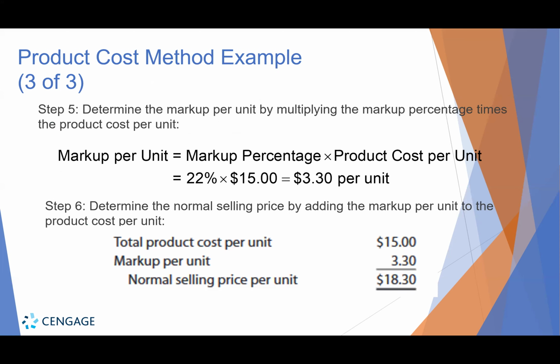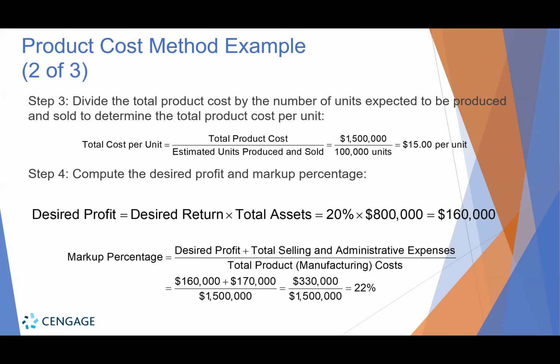So if the markup is sitting here at 22% and our costs are at $15 a unit, then we know we need to sell the products for, sorry, I'm getting myself a little lost here.